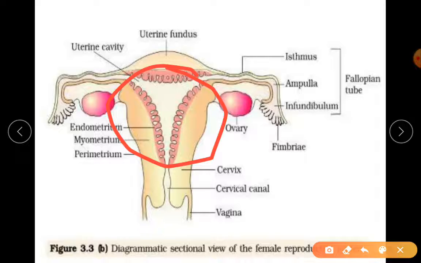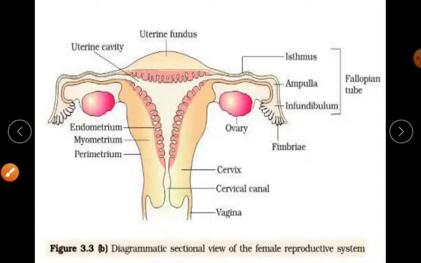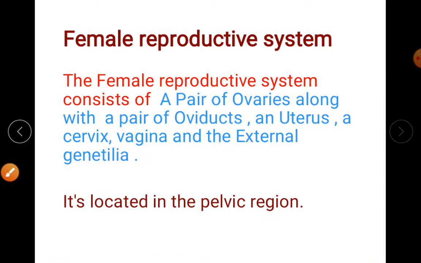Just observe here. If you look at this direction, if you keep your screen upside down, you might observe it to be a pear shaped structure. That's why it is inverted pear shaped. This is the womb.